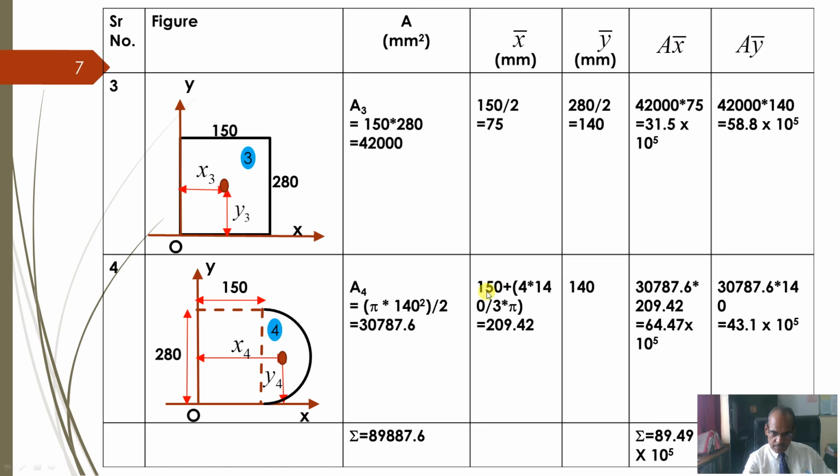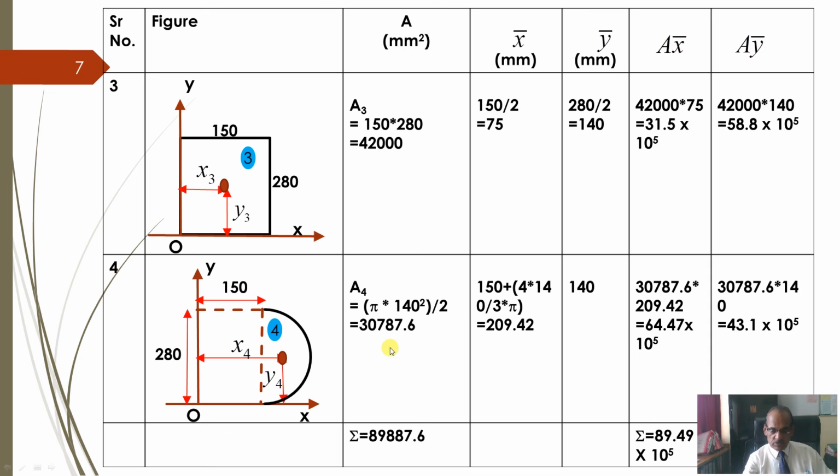This 150 plus, you know, this distance is 4r by 3 pi, where the radius is 140, so 140 by 3 pi gives this distance. And through the centroid, if I draw a horizontal line, it will intersect the y-axis at a distance of 280 by 2, that is 140. Now you can write down a4 x4 here and a4 y4 here.